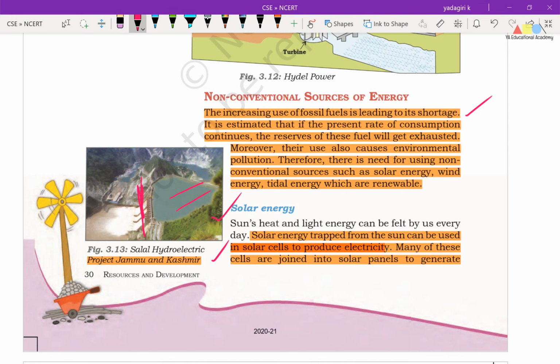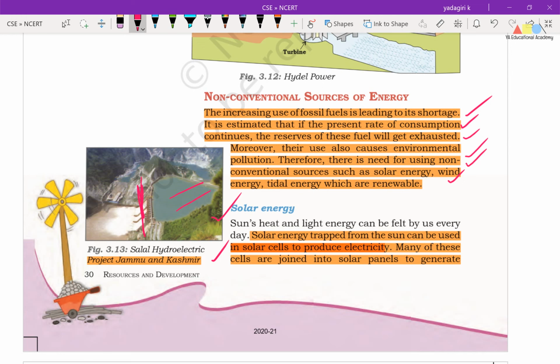Friends, the increasing use of fossil fuels is leading to its shortage, and it is estimated that if the present rate of consumption continues, the reserves of these fuels will get exhausted. Friends, moreover, their use also causes environmental pollution, and therefore there is need for using non-conventional sources such as solar energy, wind energy, tidal energy, which are renewable.